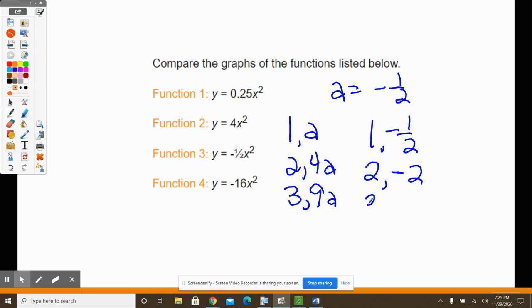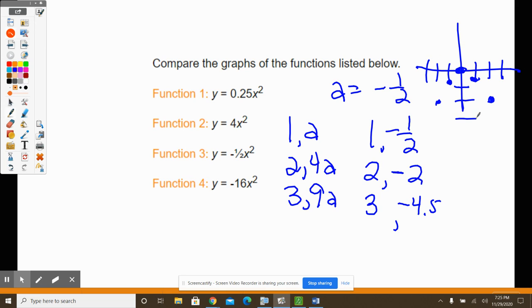Over 3, 9 times negative 1/2 is negative 4.5, and you can graph that as well. So (0, 0), over 1, down a half, over 2, down 2, always from the vertex, and over 3, down 4.5, out here, and there you go.